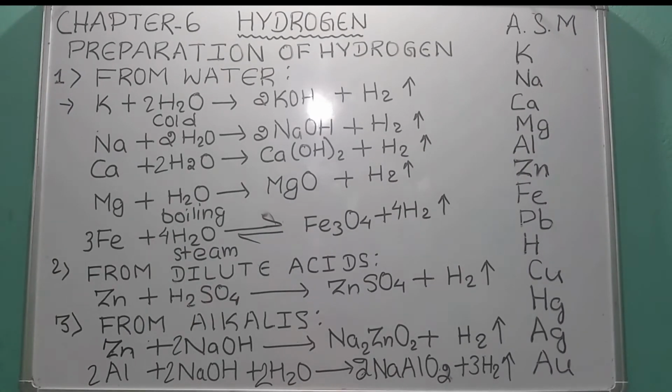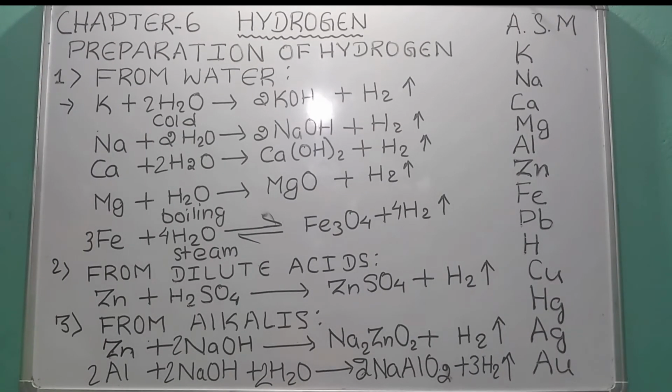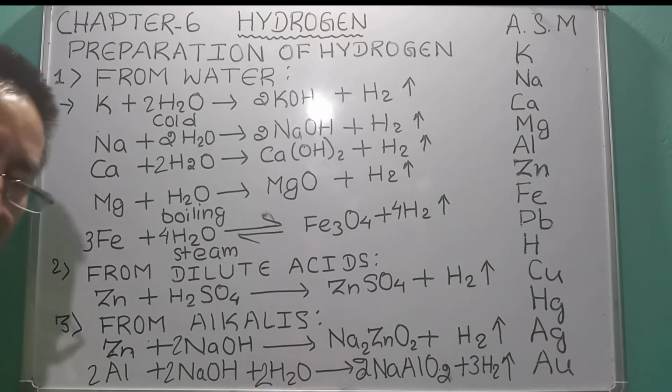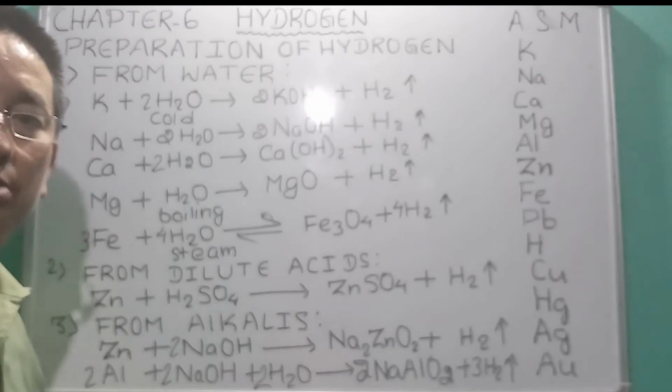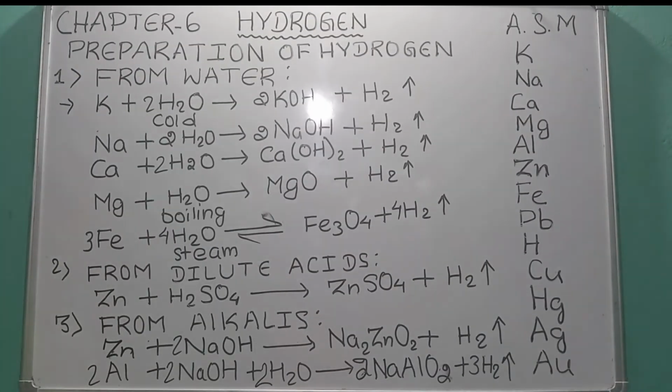And next, lead is not used for the preparation of hydrogen gas because it forms insoluble lead chloride or lead sulfate which gets deposited on the surface of the metal. Further, it stops the reaction.